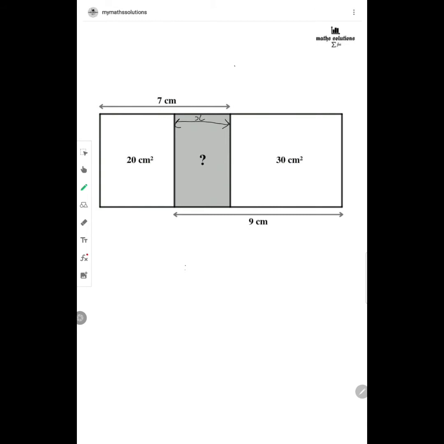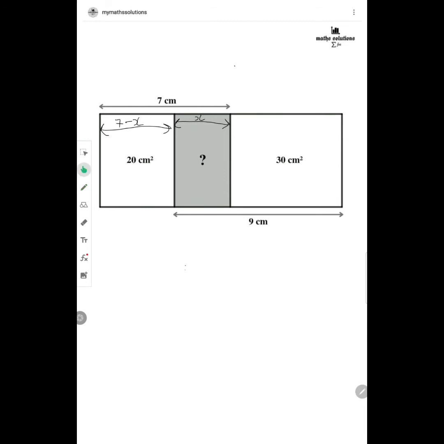Because this is 7 and this is x, this must be 7 minus x, because this whole thing is 7. I want you to know as well, if this side is x, this must also have the length x.